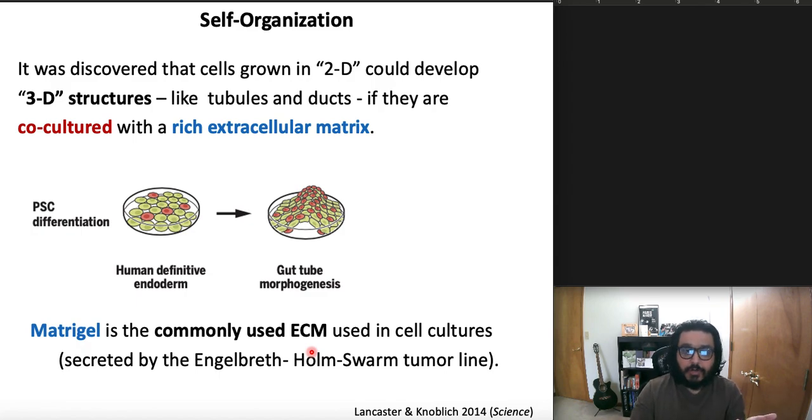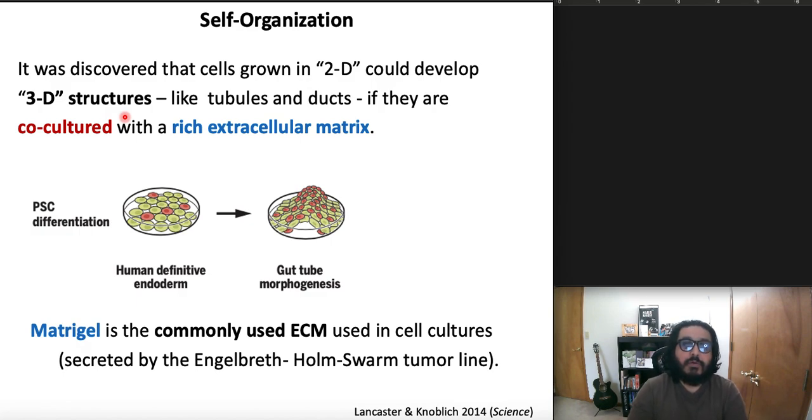And it's a naturally occurring product. It actually is secreted by a specific kind of tumor cell called the Engelbreth-Holm-Swarm cell line. So that's how it was first discovered. But this is now a widely used reagent for any stem cell work that's trying to get into 3D models, 3D structures.